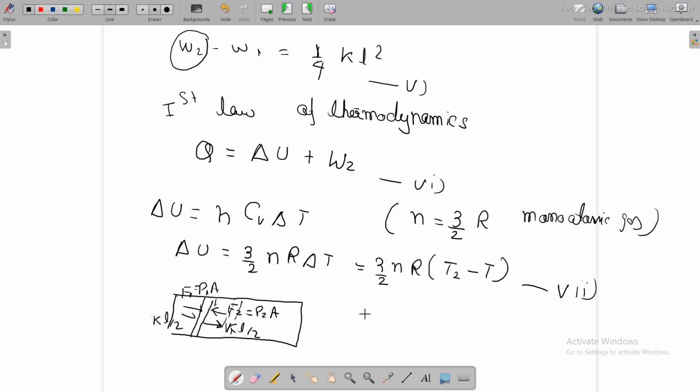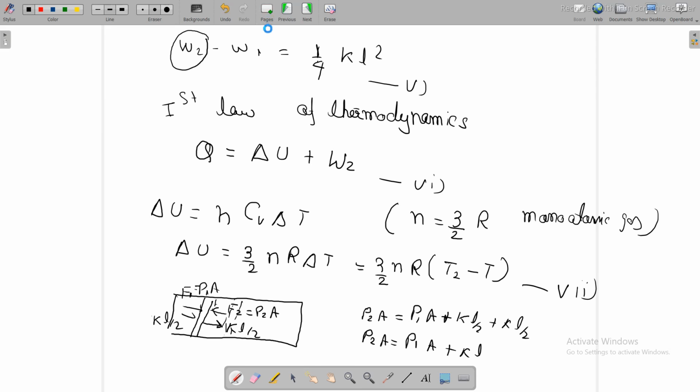Therefore P2A is equal to P1A plus KL by 2 plus KL by 2. Therefore P2A is equal to P1A plus KL.